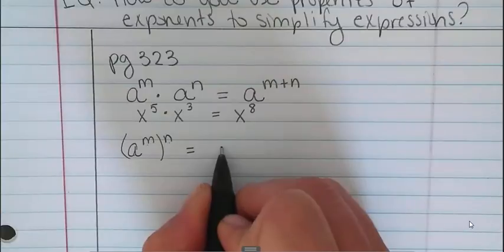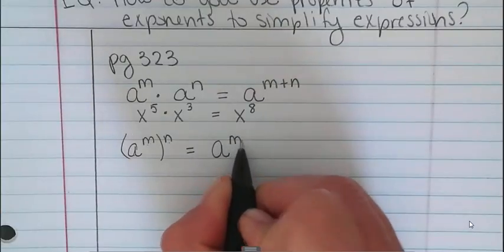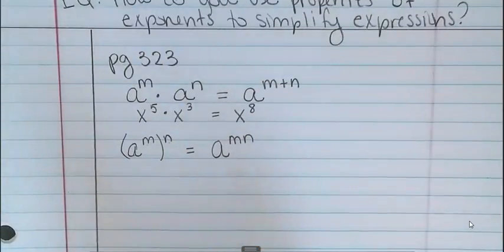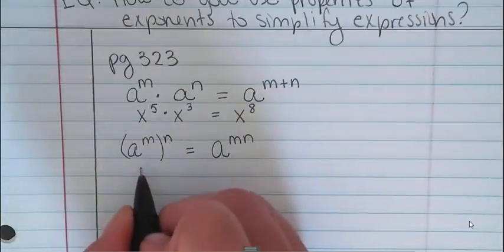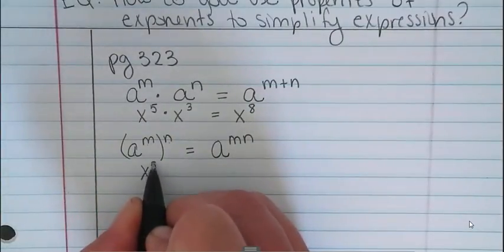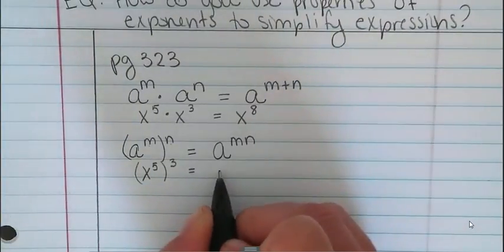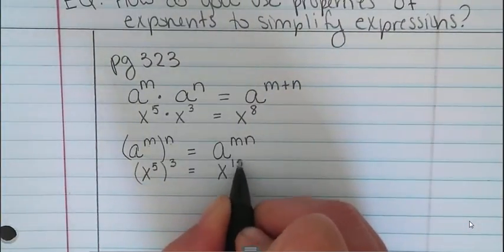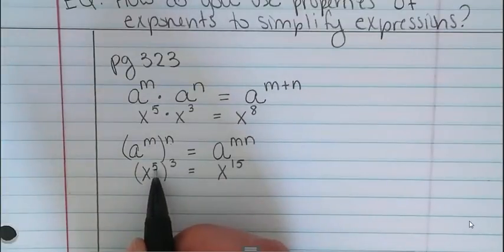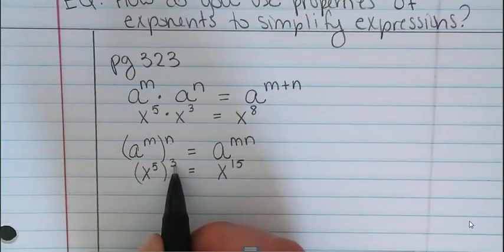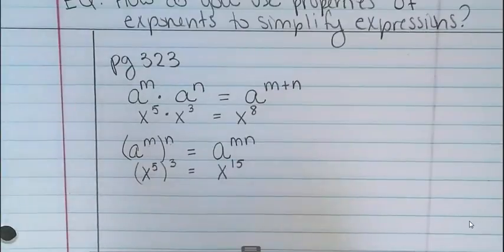So this would simplify to A to the mn, or m times n. So for example, if I have x to the 5th, and I raise it to the 3rd power, this gives me x to the 15th power. Okay, so you have a power being raised to another power, which means you multiply the powers.